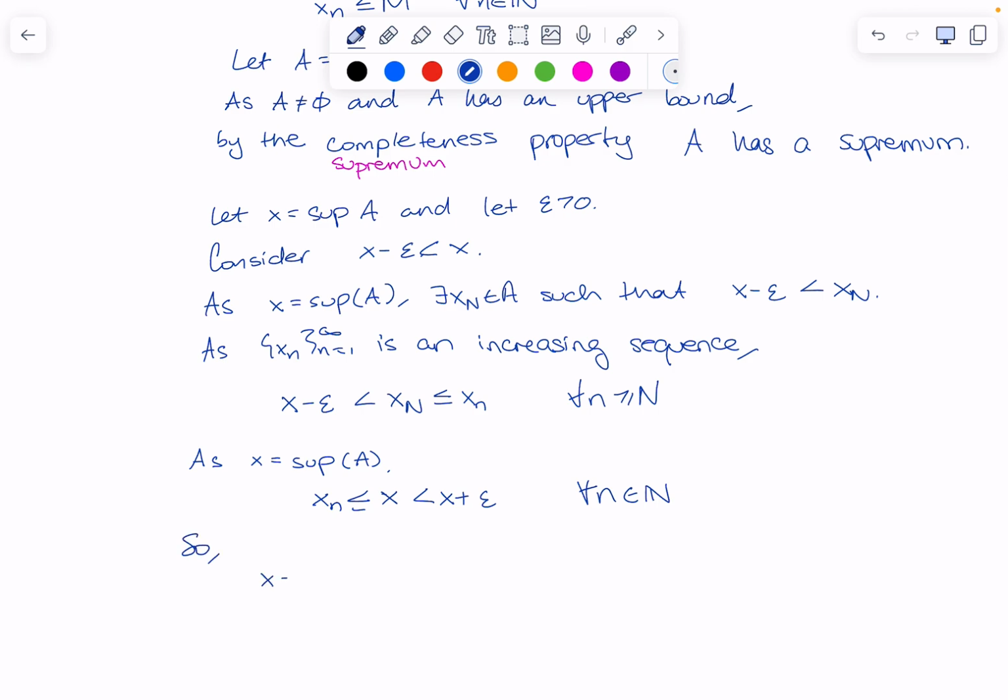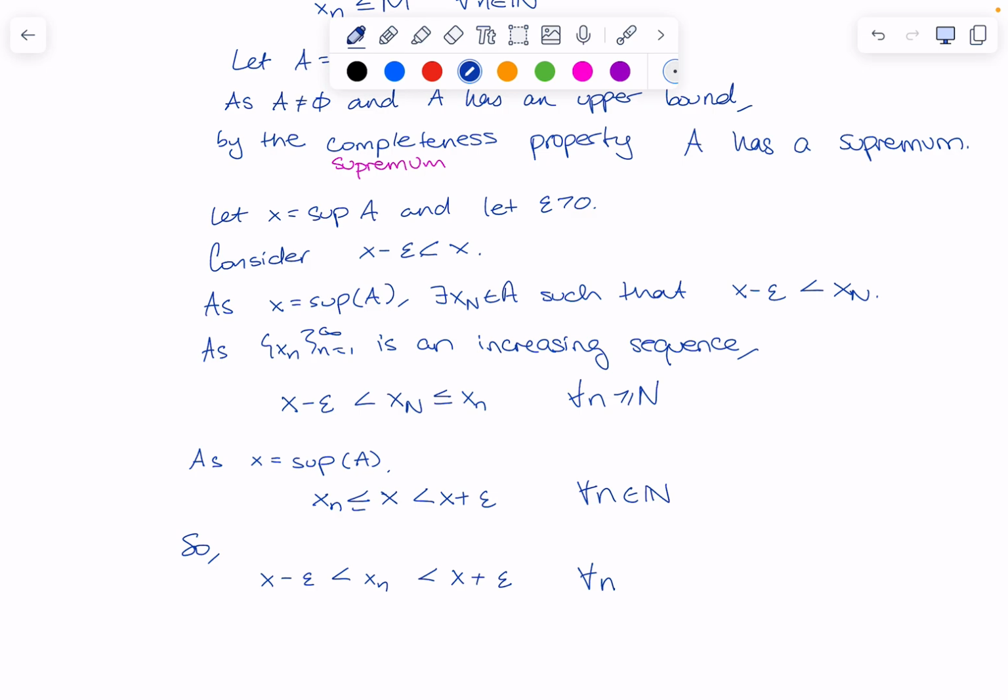So we know x minus epsilon is less than xn, which is less than x plus epsilon, for all what?